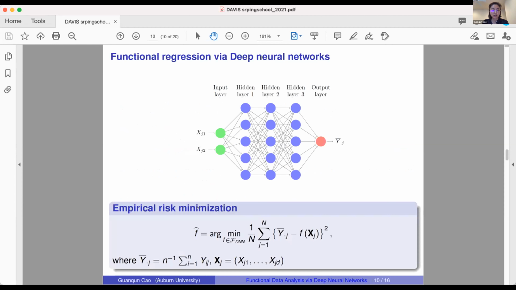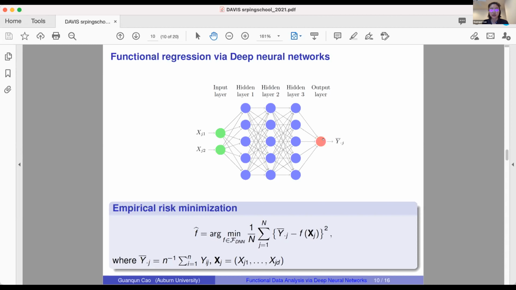As we mentioned, we are going to find a function in this DNN sparse network space to estimate the f function. We denote the estimator as f hat. The idea is very simple. In the input layer, we just put our observed x, that's the observation time point or location point. For example, if we consider 2D imaging, we input x_j1, x_j2 for all the different j.